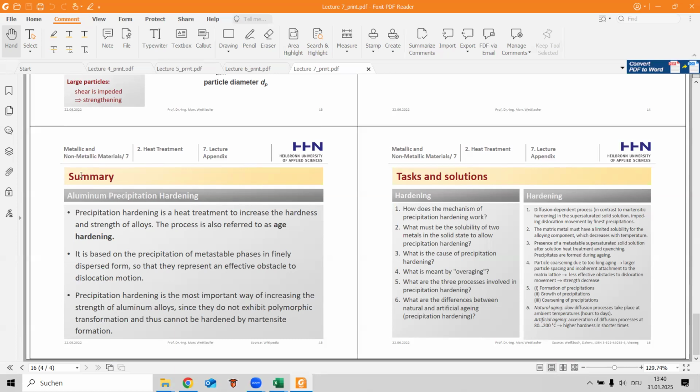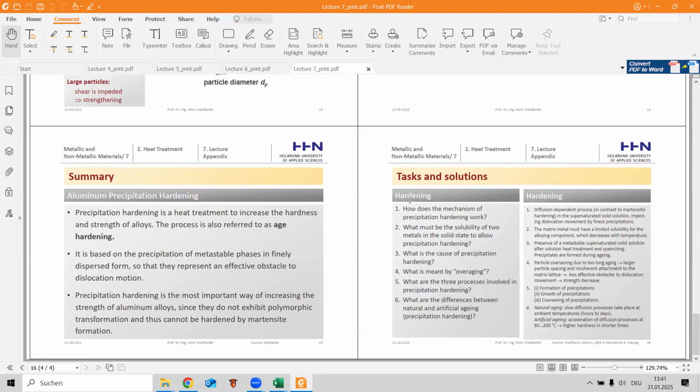Precipitation hardening is a way to increase the strength of alloys, since they don't exhibit polymorphic transformation, thus cannot be hardened by transformation. Diffusion-dependent process, unlike martensitic hardening, in the supersaturated solid solution, hindering dislocation movement by precipitation.